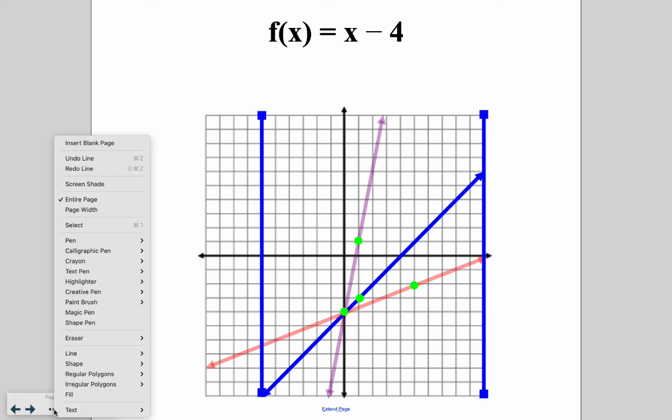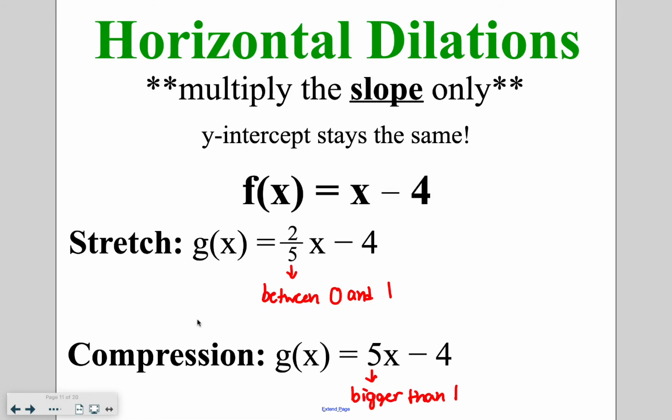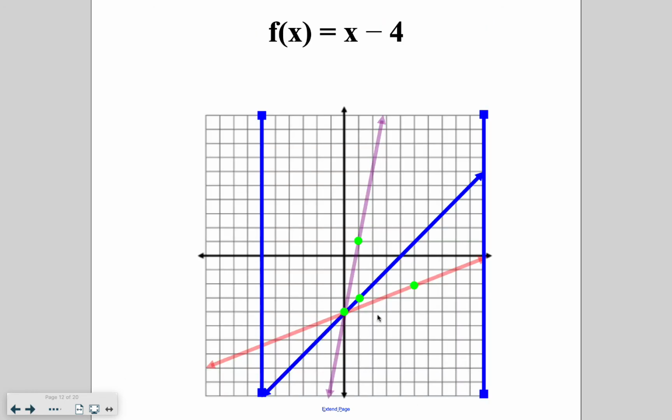When I did my stretch, so when I multiplied by my 2/5, I ended up with 2/5 x minus 4. So what that did was it took my original space on the graph and it stretched it out horizontally. It made the graph wider. So this red line takes up more horizontal space.